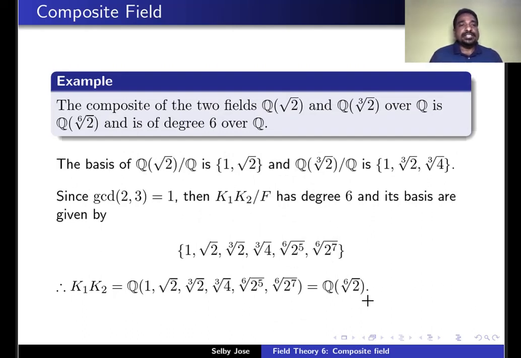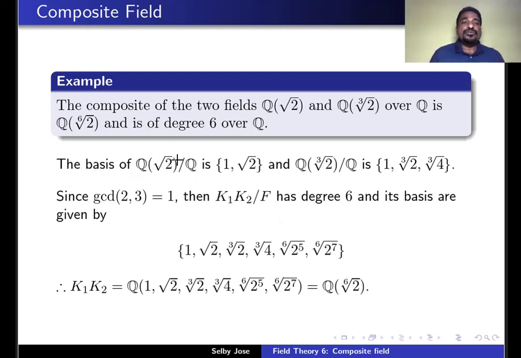The next example says that the composite field of Q(root 2) and Q(cube root of 2) over Q is Q(6th root of 2), and its degree is 6 over Q. Let us see how we get it.